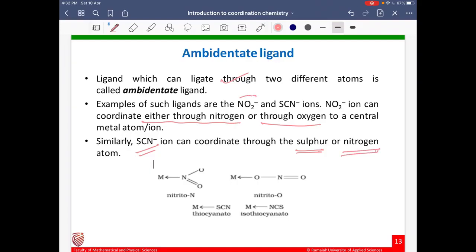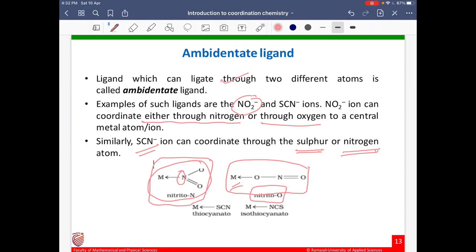For example, for NO2-, if the bonding is happening through the nitrogen atom, then we call that ligand nitrito-N. If the oxygen atom is involved in the bonding with the central metal atom or ion, then we call this ligand nitrito-O, because it is through oxygen.